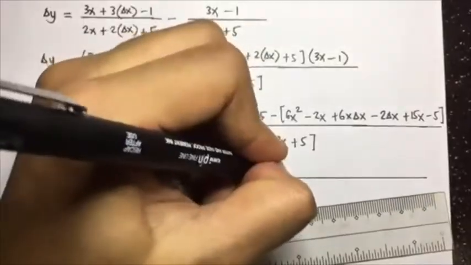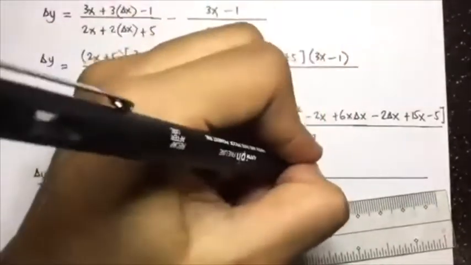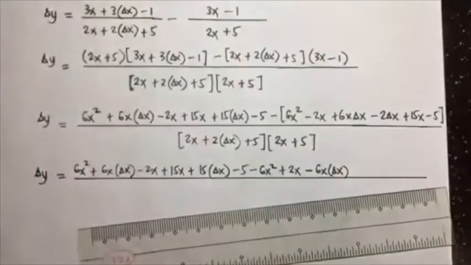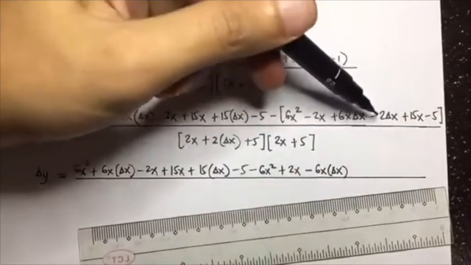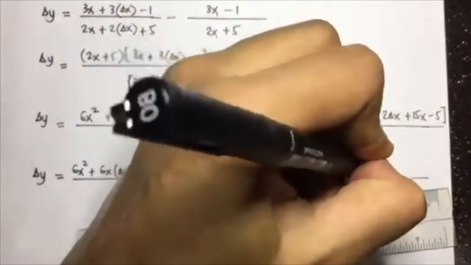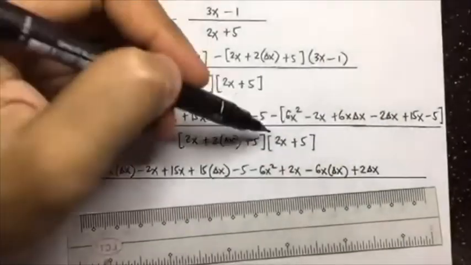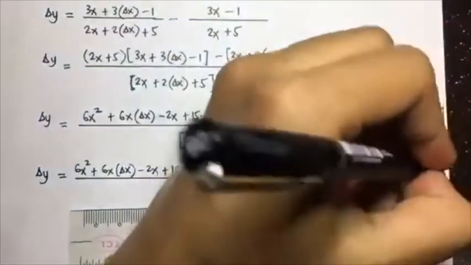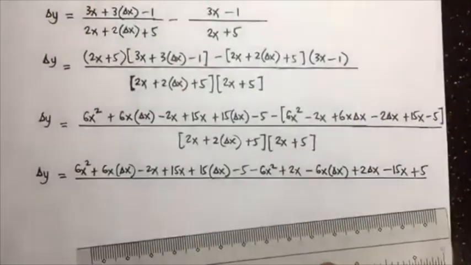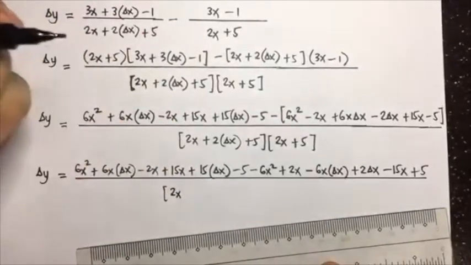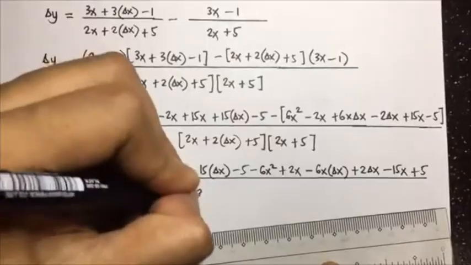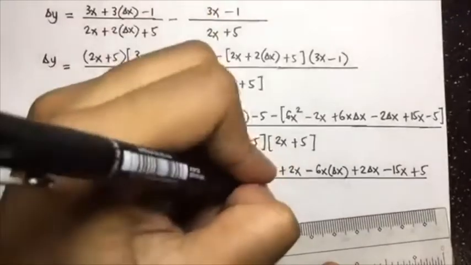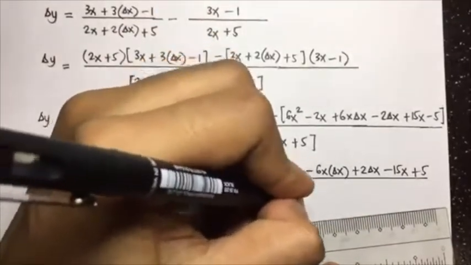This will become plus 2x minus 6x delta x. This will become plus 2 delta x. And then minus 15x. And then plus 5, over (2x plus 2 delta x plus 5) times (2x plus 5).